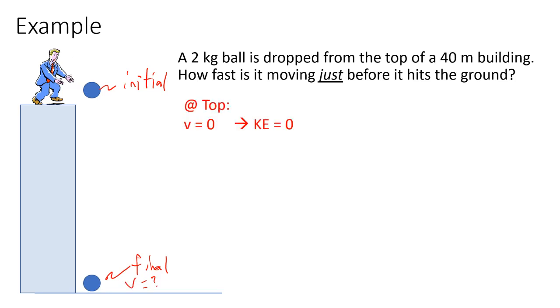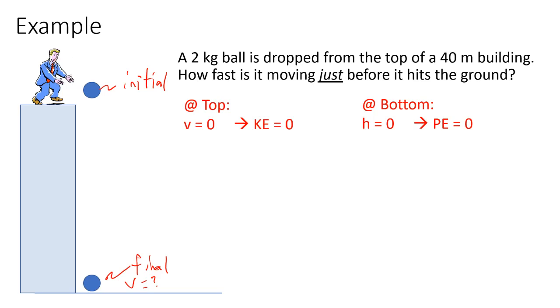Now, some cool things are happening here. At the top, we know that if we drop the ball, the velocity is 0 when we just let go of that ball. So the kinetic energy will be 0 at the start of this object's trajectory.